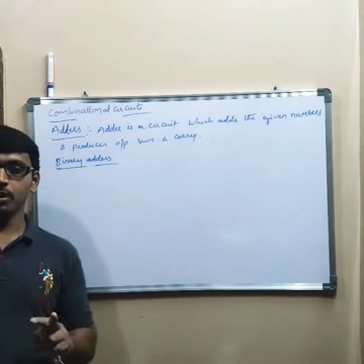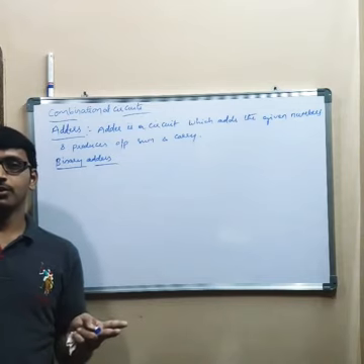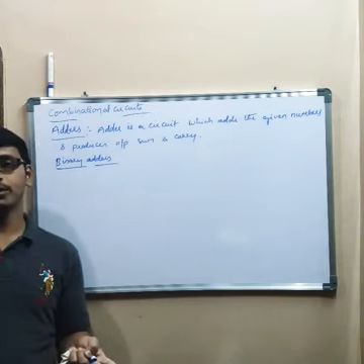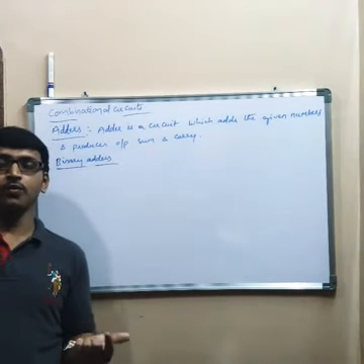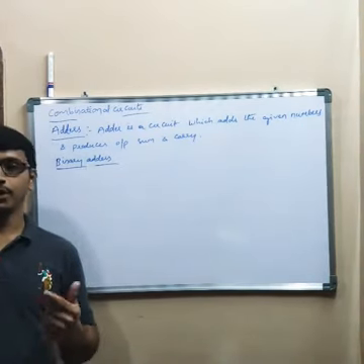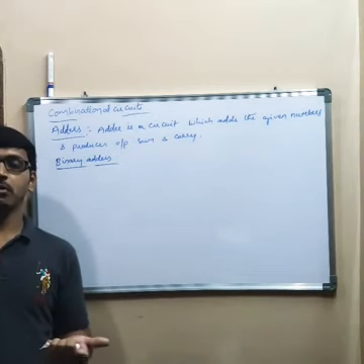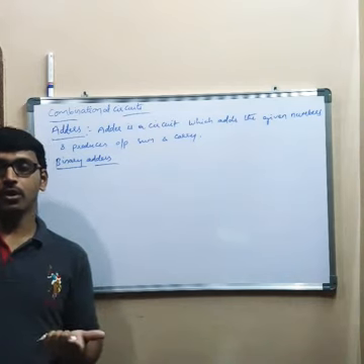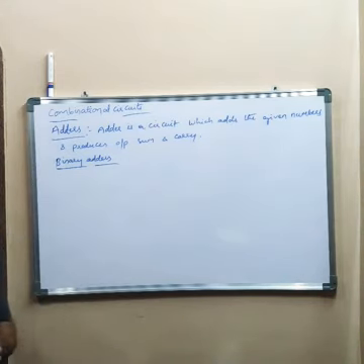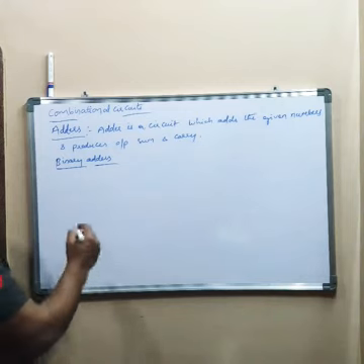When we are adding two numbers, there are four possible combinations: 0 0, 0 1, 1 0, 1 1. When you are adding 1 and 1, the decimal value is 2, but the binary value is 1 0 for decimal 2, right? All these rules we have to remember. So let us start.